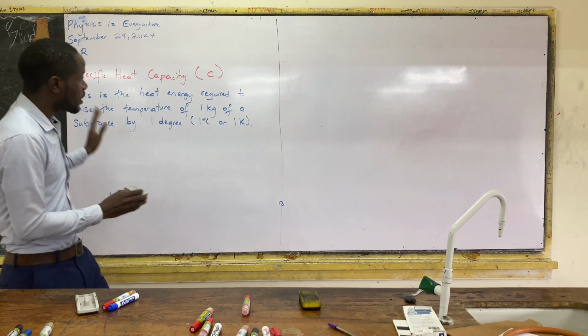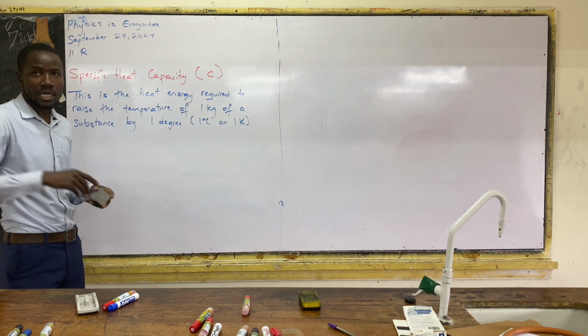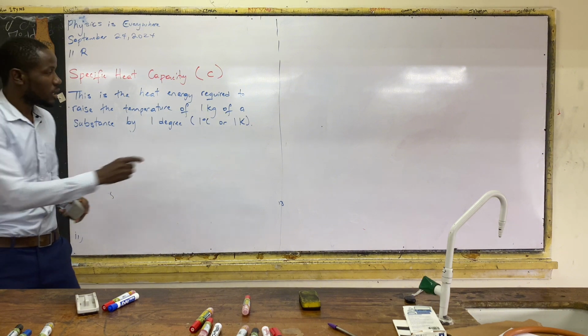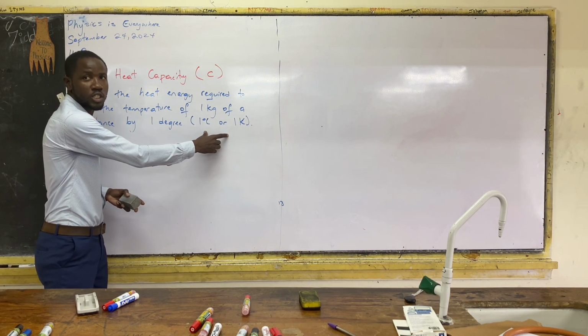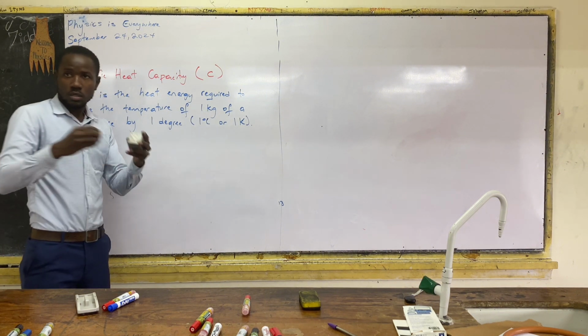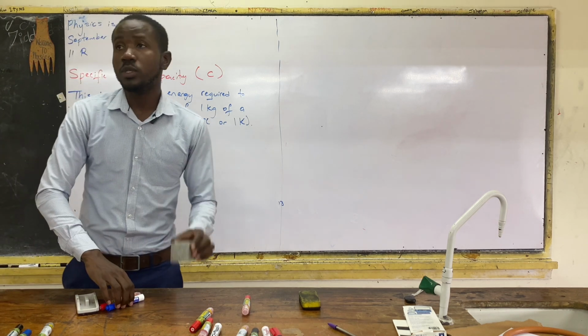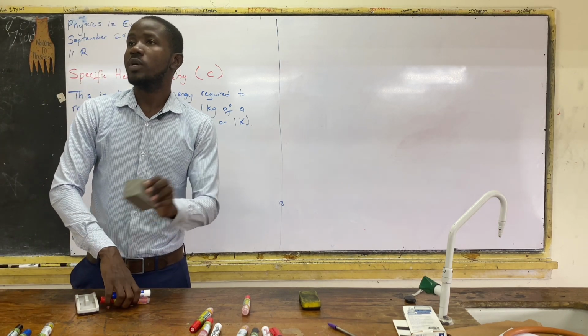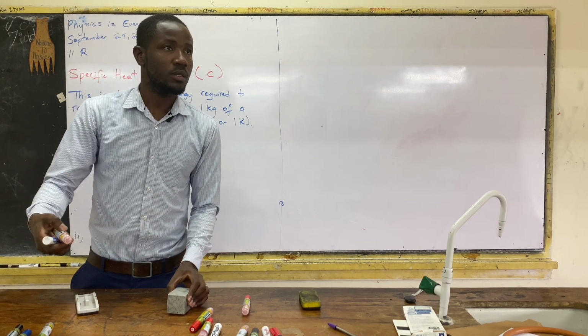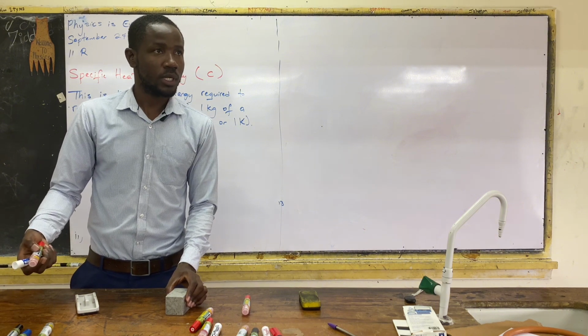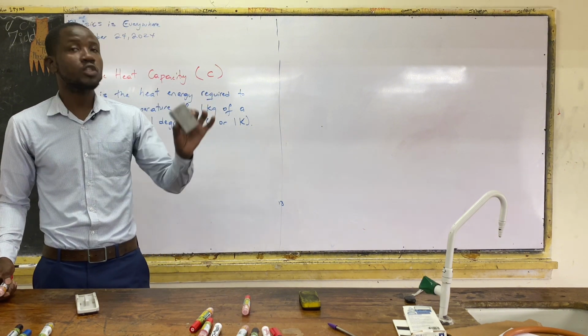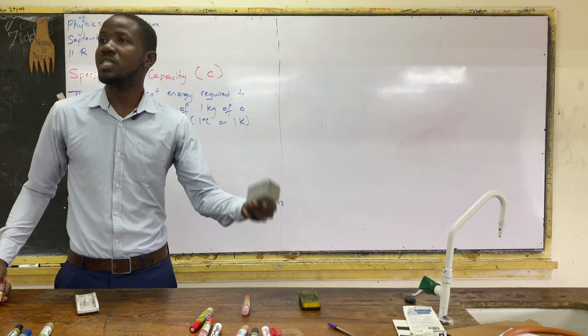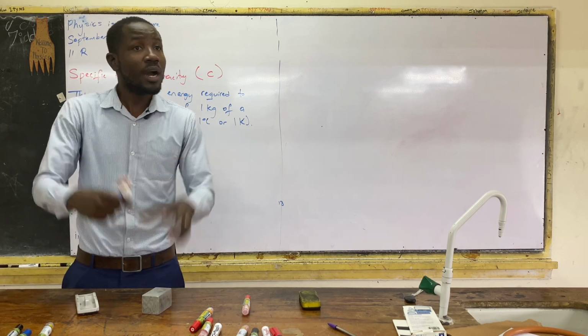So if we want to calculate the specific heat capacity, we'd have to cut off 1 kilogram, apply heat energy, keep track of how much heat energy is being applied, and then see when it causes a change in temperature. Bottom line, we can use the specific heat capacity to identify the type of object. If you have a piece of aluminum, it's going to have a certain value for its specific heat capacity, no matter how large it is.